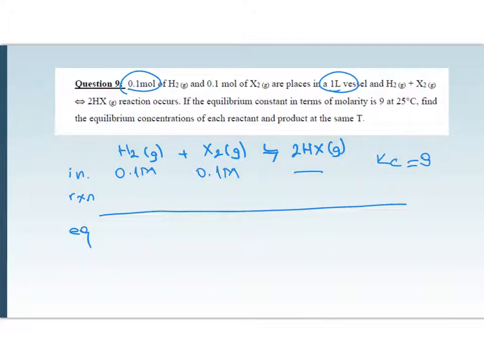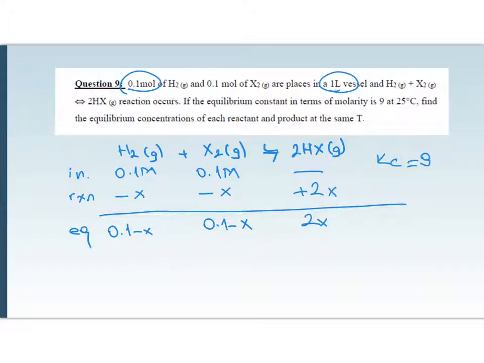It's going to be like this. If you consume x molar of hydrogen and x molar of X2 gas, then 2x molar of HX is produced. So finally, at equilibrium, you have 0.1 minus x molar of hydrogen, the same amount of X2, and 2x of HX.